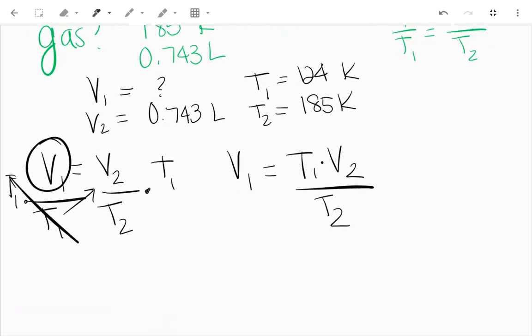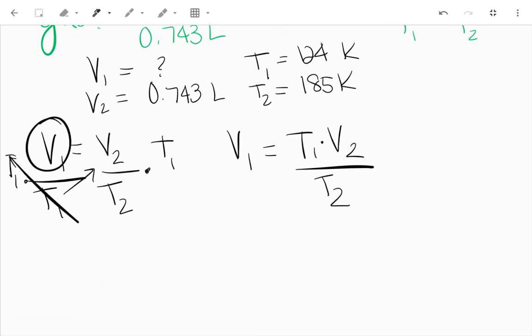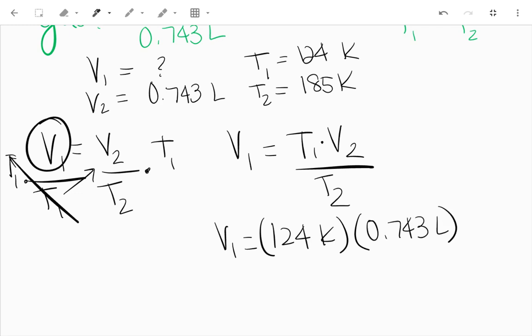If we proceed by substituting the given values, then we have V1 equals 124 Kelvin times 0.743 liters, divided by 185 Kelvin.